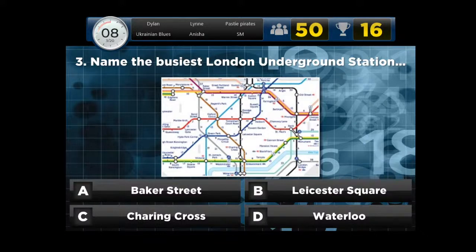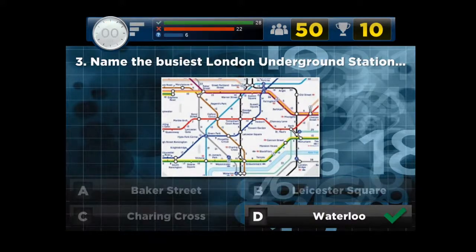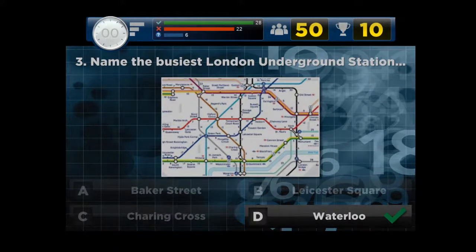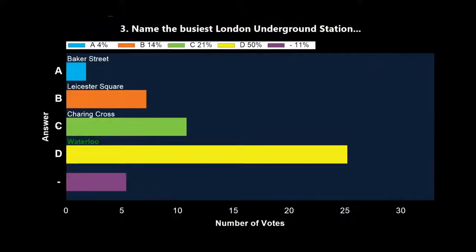So Baker Street, Leicester Square, Charing Cross, or Waterloo is the busiest London Underground station. One of those is. And the answer is Waterloo. So D is what we're looking for. And again, doing well on that. 28 of you getting that right.